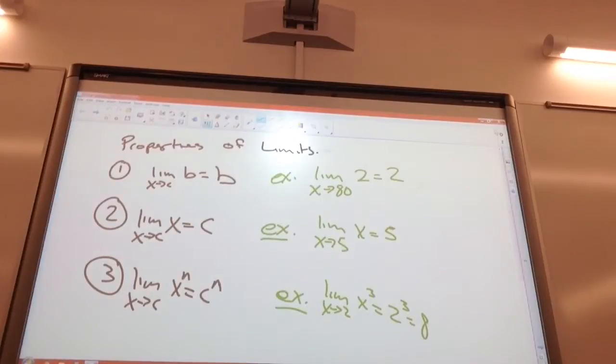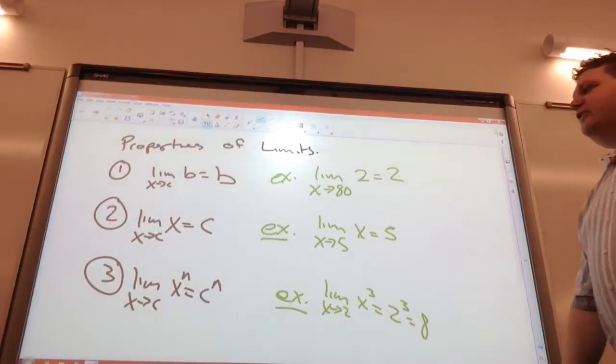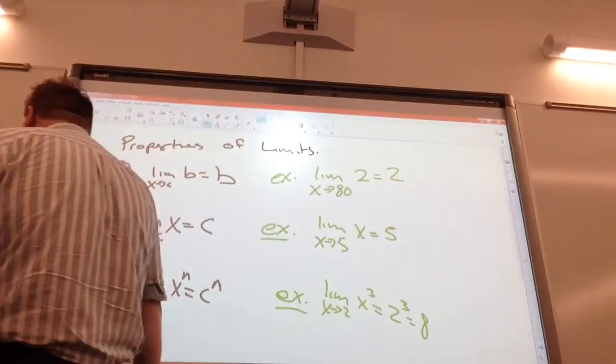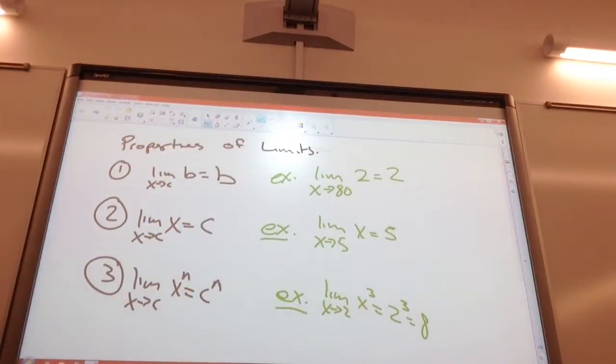And so that's what we're after here. The first property, or basic limit, we're looking at is that the limit of a constant is a constant. It's the same constant. That is, if I take the limit as x approaches c of some constant b, I get b as my answer.